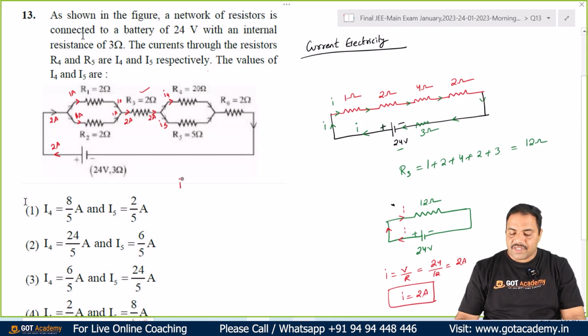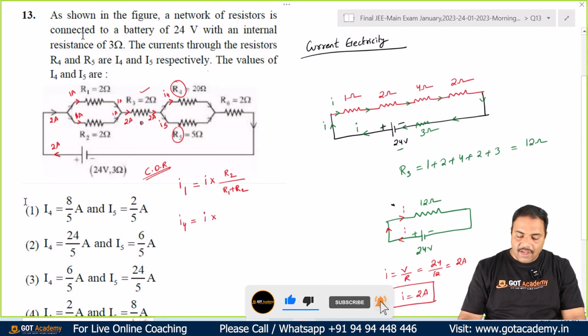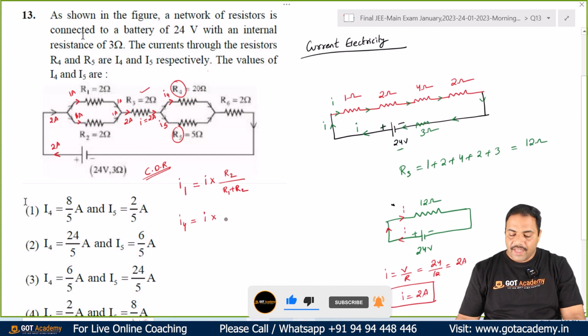Okay. Now again it gets divided. So we know current division rule as per CDR, current division rule. If I want to find out the current in first resistance, then what I have to do is the total current into other resistance by sum of these two resistances like this. But here we are having R4 and R5. So let me say I4 is equal to total current I that is entering. So here total current I is nothing but 2 amperes into.